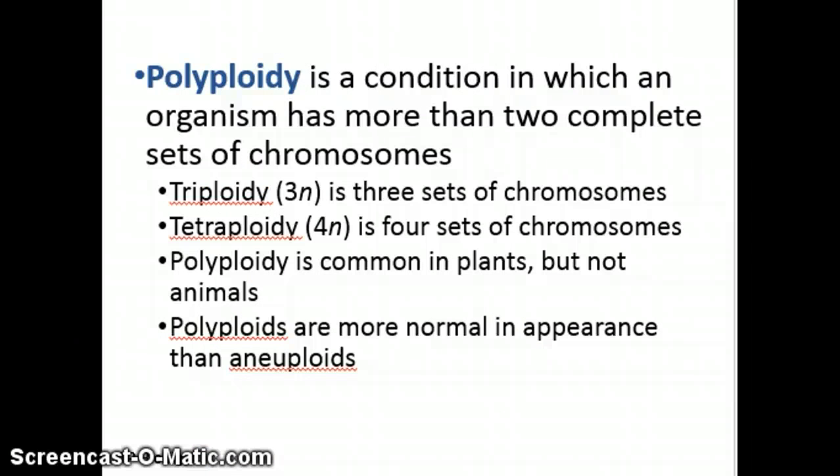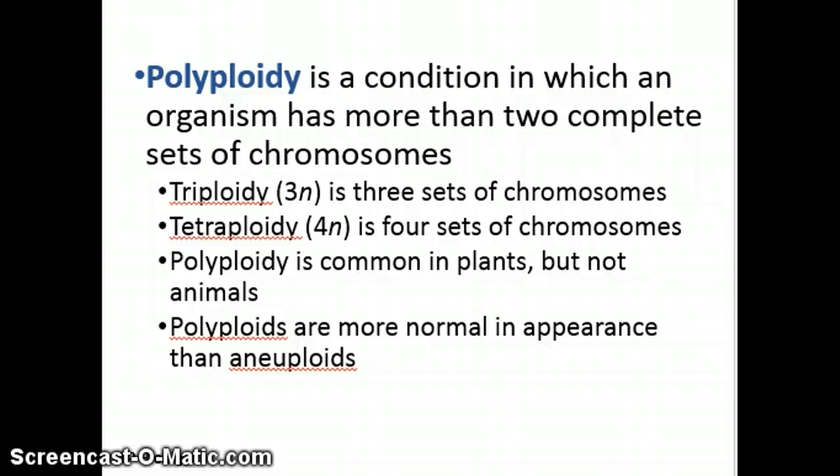But this is in contrast to what we call polyploidy. Polyploidy is a different situation because it's a condition in which an organism has more than two complete sets of chromosomes. So, for example, we can have triploidy, which is 3 sets of chromosomes, or tetraploidy, which is 4 sets of chromosomes.